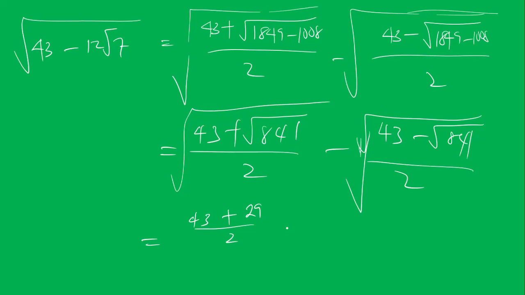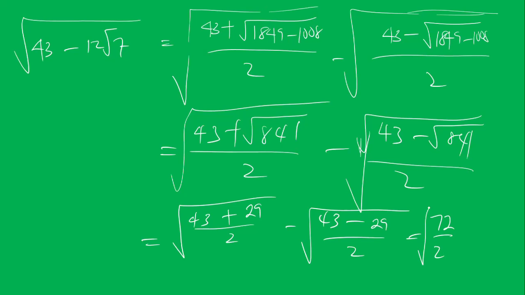So you have 43 plus 29 divided by 2, minus 43 minus 29 divided by 2. 43 plus 29 gives 72, and 72 divided by 2. 43 minus 29 gives 14, and 14 over 2, all squared.